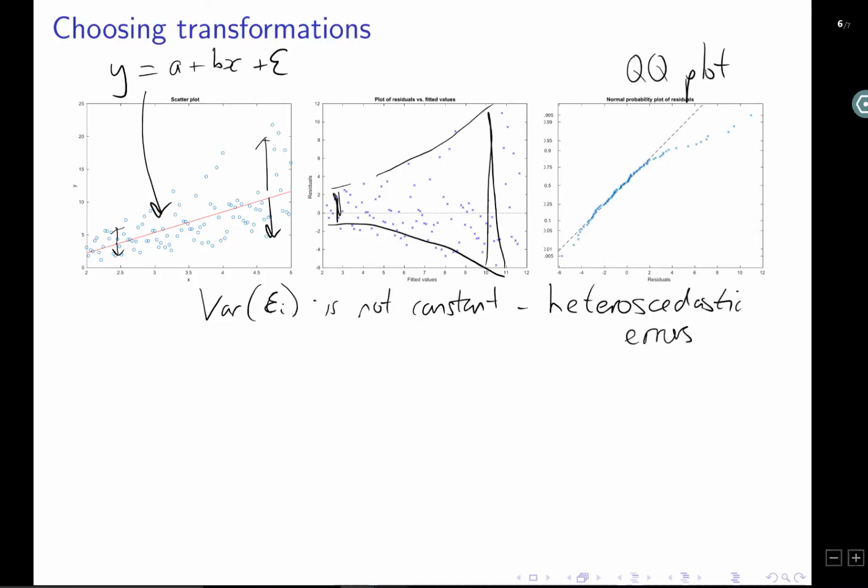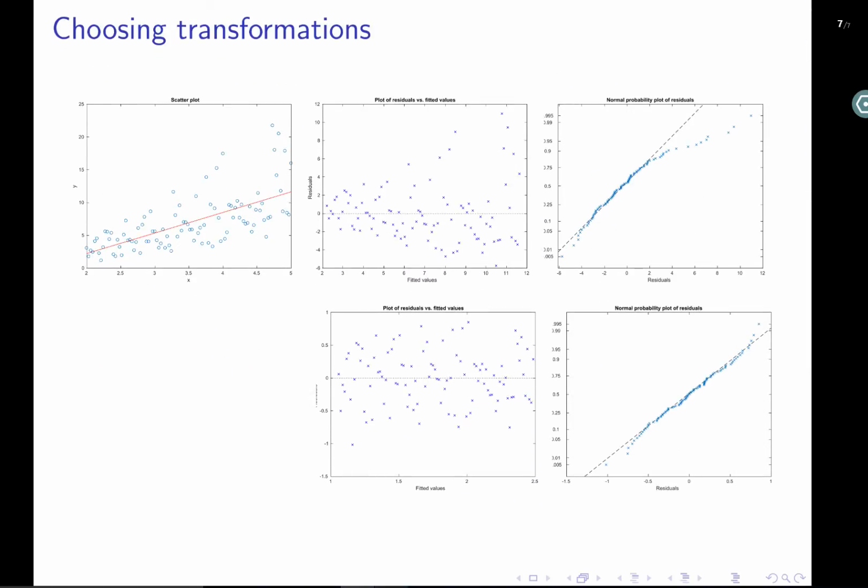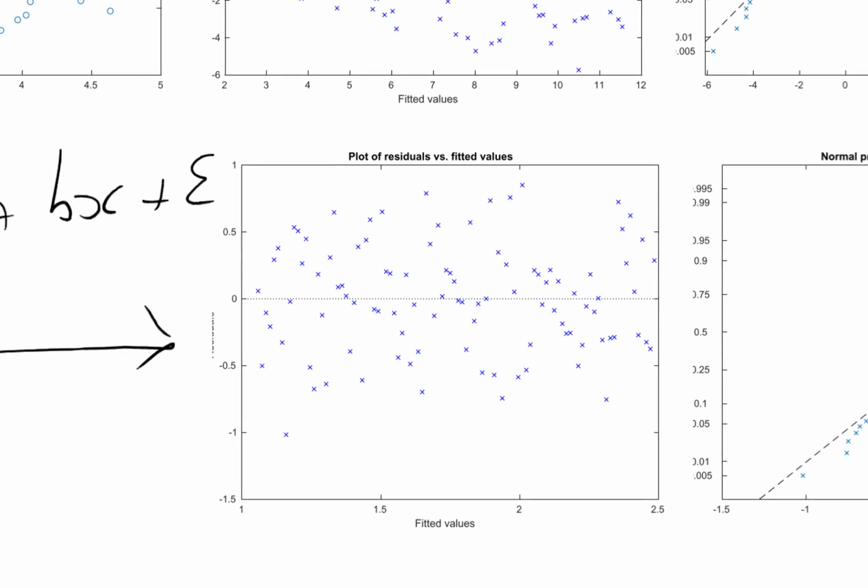Okay, so how can we fit this? Well, the normal way, the best way of fitting heteroscedastic errors, so non-constant variance, is to take the log or some other transformation of the y variable. Okay. So if instead we fit the model log y is a plus bx plus an error, we get the residual plots and the diagnostic plots that are shown here.